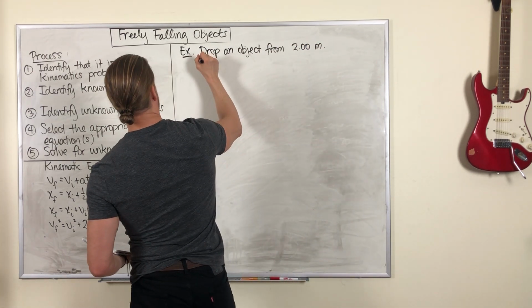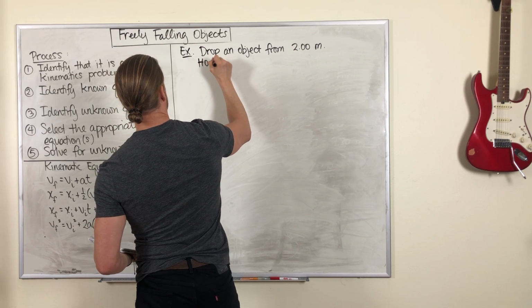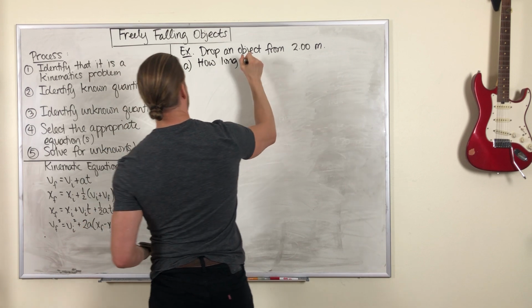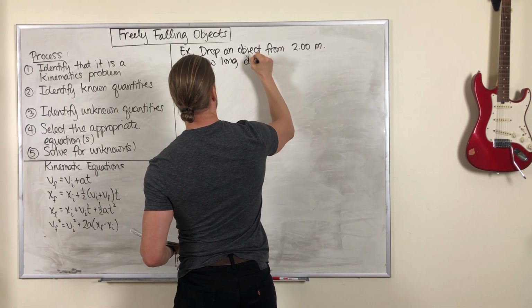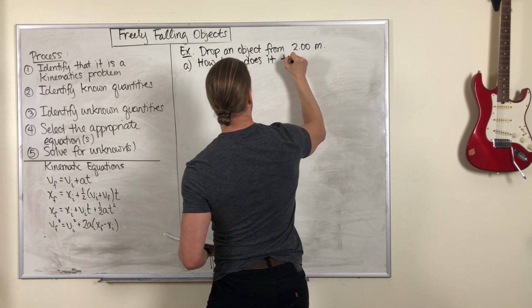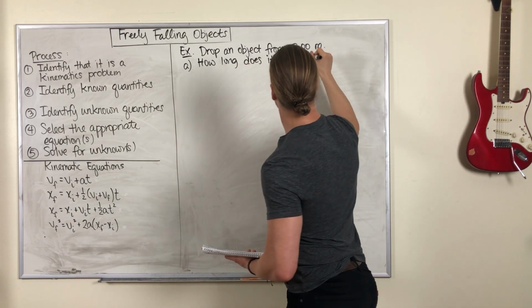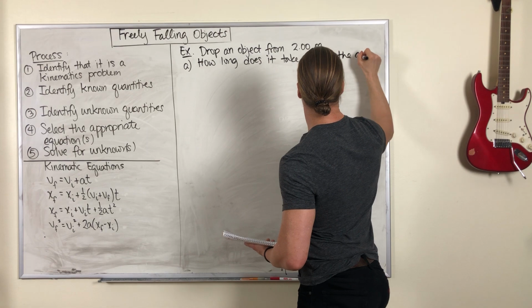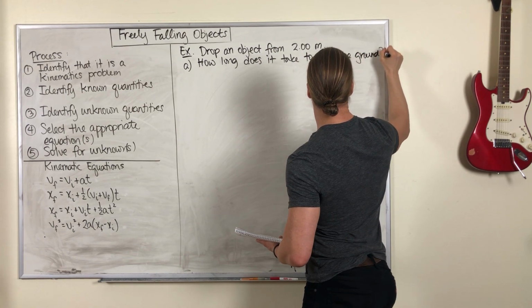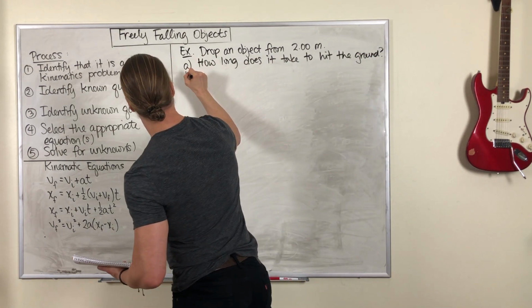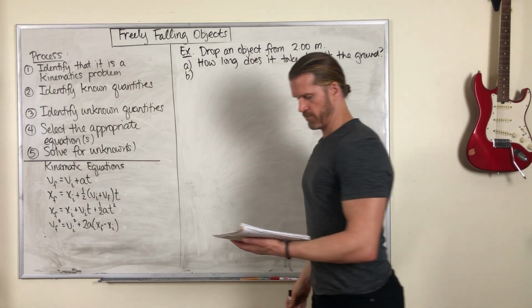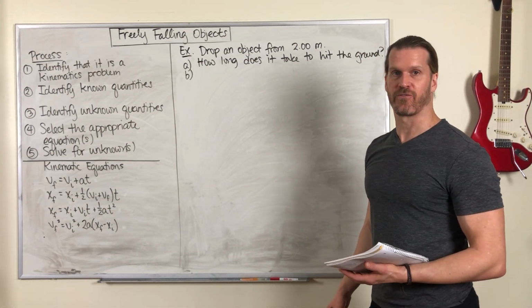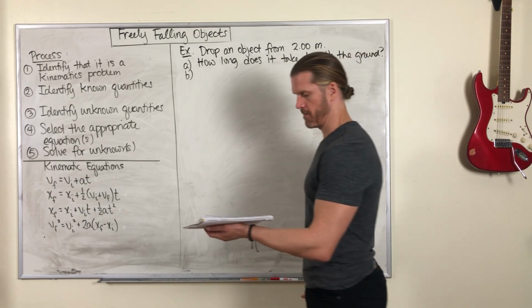So let's ask, question A, how long does it take to hit the ground? And question B, what is its velocity right as it's striking the ground, right before it strikes the ground?